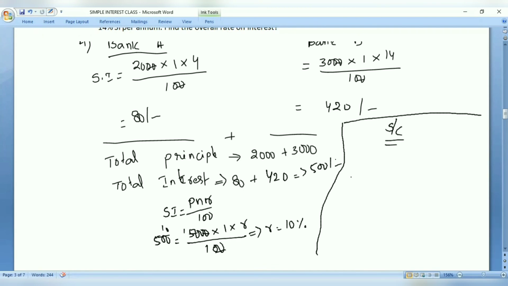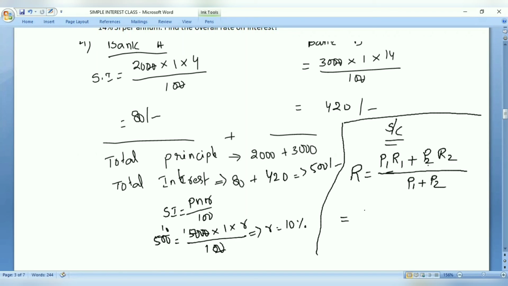If the time period is 1 year and you are asked to calculate the effective rate of interest on two individual premiums, the shortcut formula is (P1R1 plus P2R2) divided by (P1 plus P2). Okay. So P1 represents the first premium, R1 represents the first rate of interest, P2 represents the second premium, and R2 represents the second rate of interest.